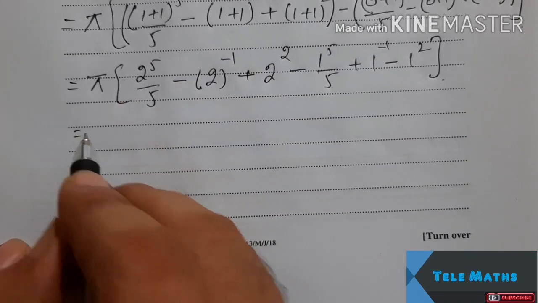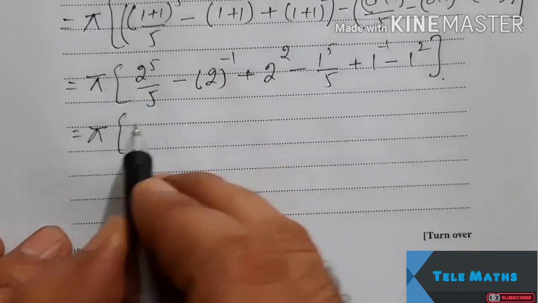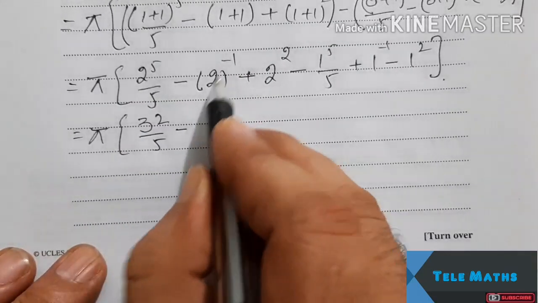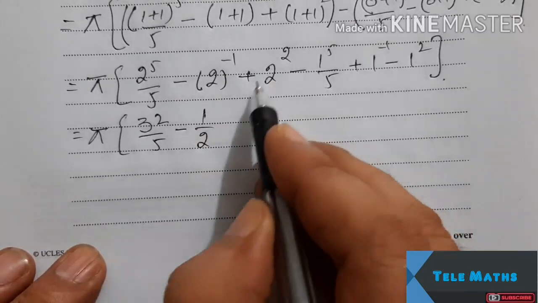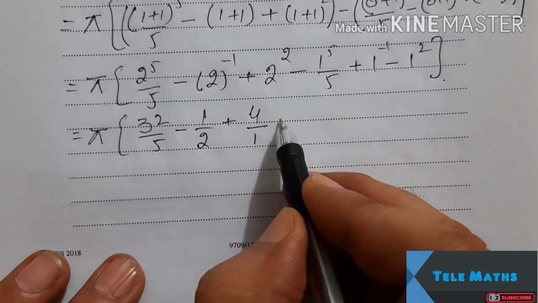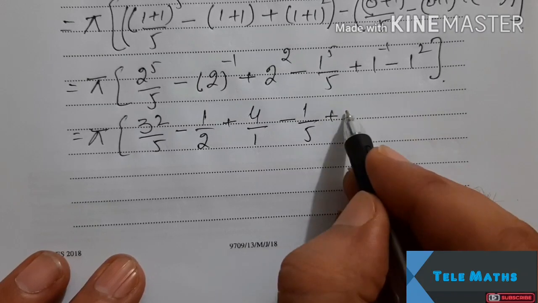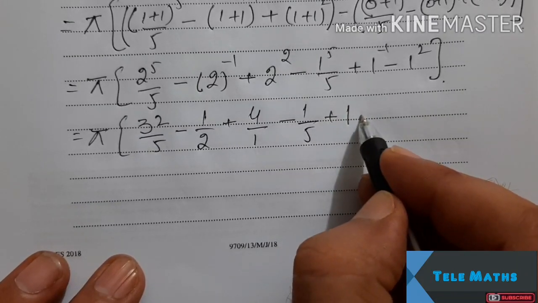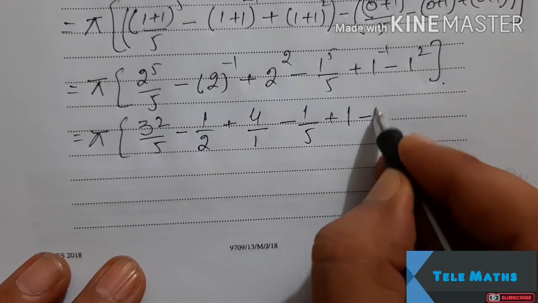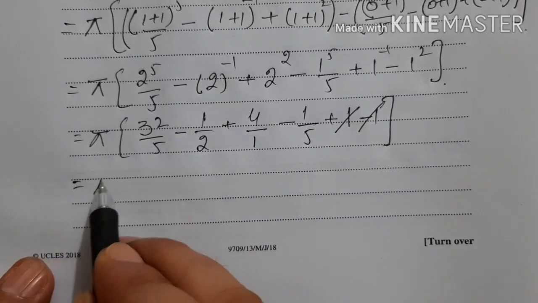So this will be pi. 2 power 5 means 32 over 5. This means 1 over 2. This means 4 over 1. This will be 1 over 5. This will be 1, and again this will be 1. This will be cancelled with this one. We will not take them further.